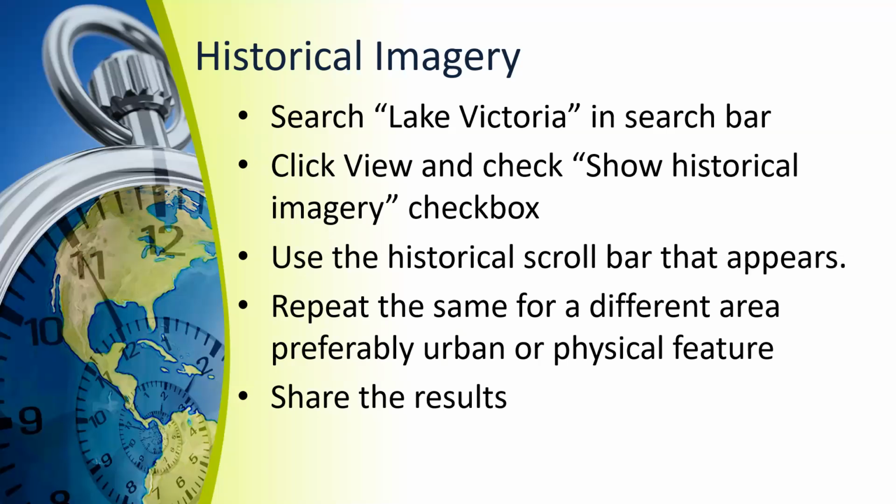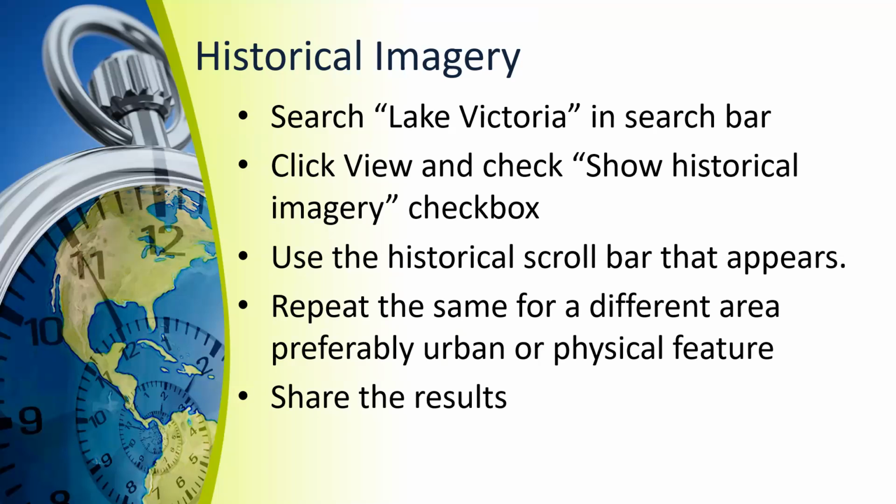So let's briefly look at the historical imagery. The first step, we will search something like Lake Victoria in the search bar. Then we will click on view, and then click on show historical imagery. There's a checkbox there that asks if we want to show the historical imagery.